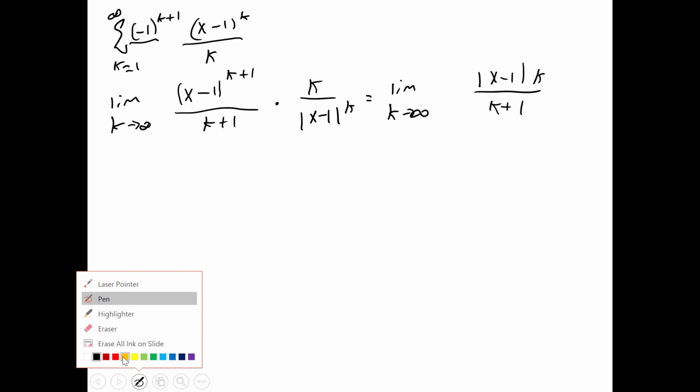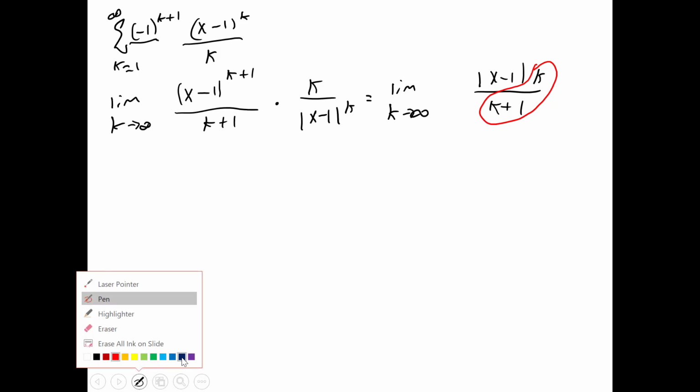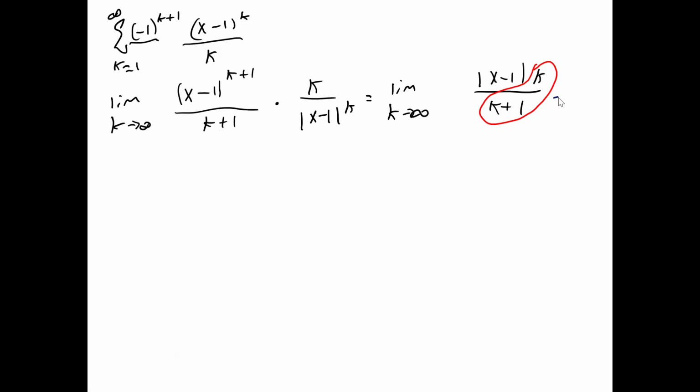Again, you need to be comfortable with these results: when you're looking at a rational expression where the degrees are the same, the limit will be the leading coefficient of the numerator over the leading coefficient of the denominator. And so the k over k plus 1 goes to 1, so this just becomes the absolute value of x minus 1.